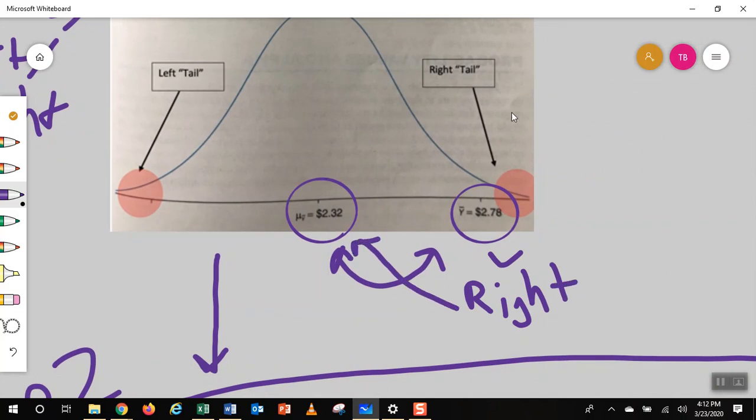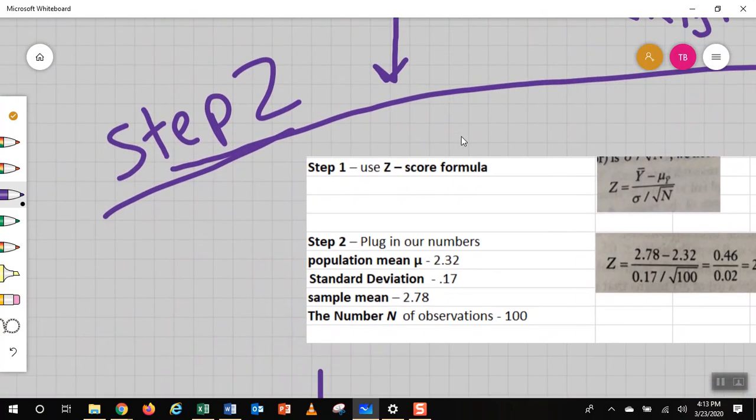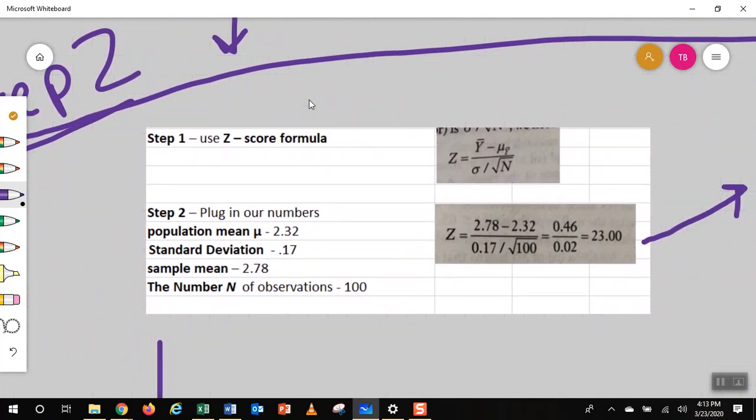So we're going to call this a right tail test because it's over here. Okay, so step one, it's a right tail test. Step two, we're going to use a z-score formula. So basically, we're using this formula here, and we're going to plug in the numbers.